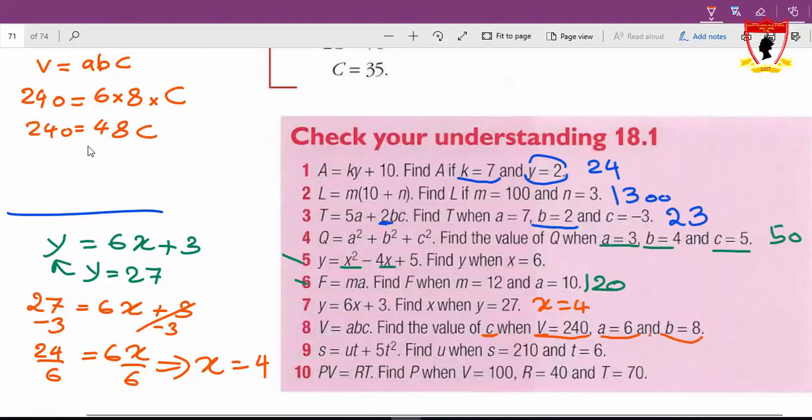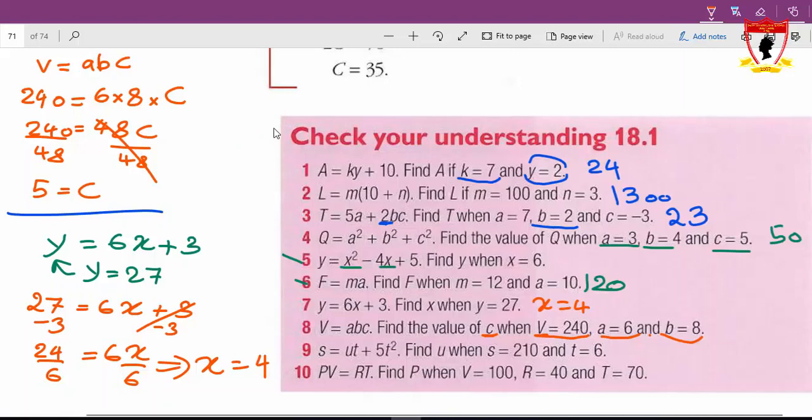Then to get rid of this 48, we have to divide both sides by 48. 240 divided by 48 is equal to 5. So this 48 will cancel this one. So the value of C is 5.